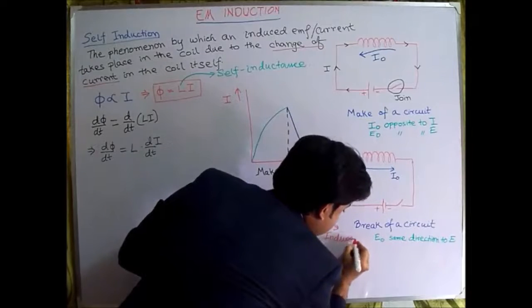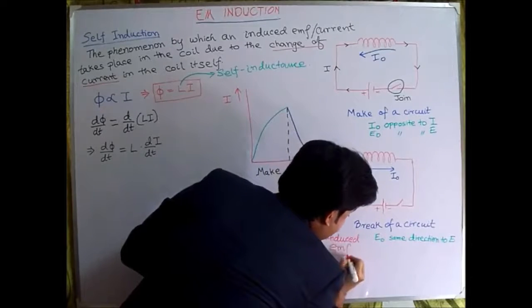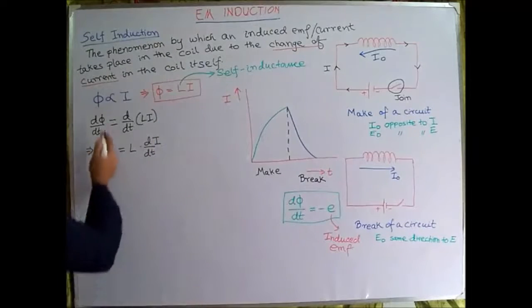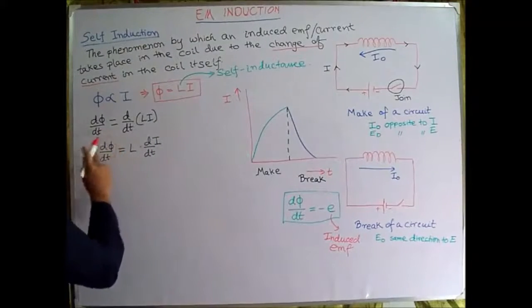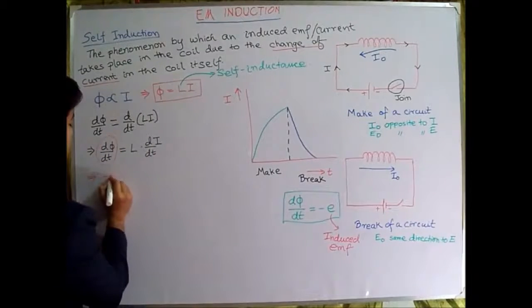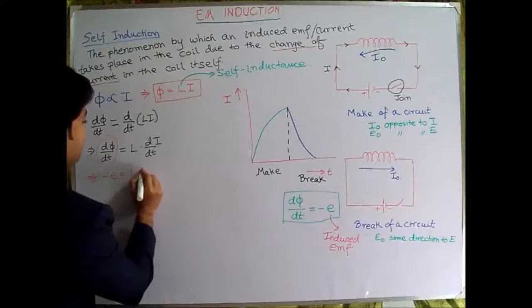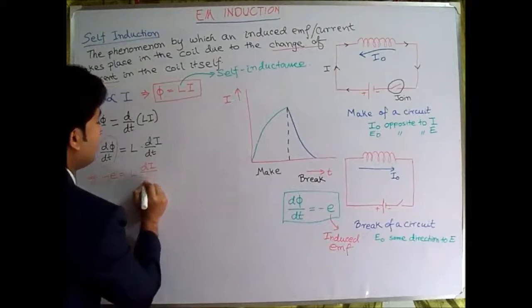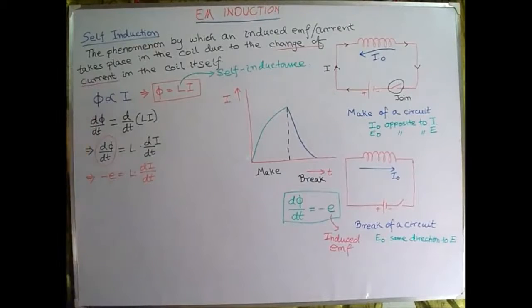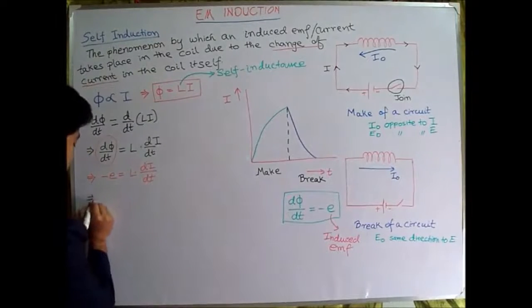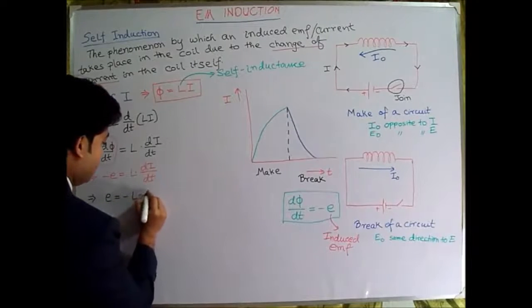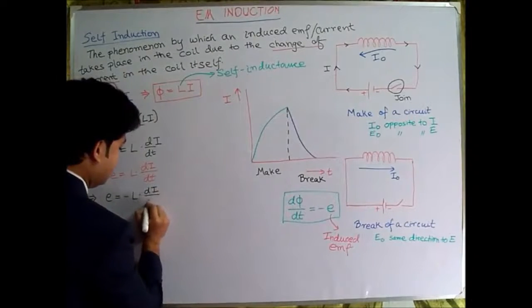in the coil itself. So we can replace this term, and write minus E equals L multiplied by di dt. So E equals minus L di dt.